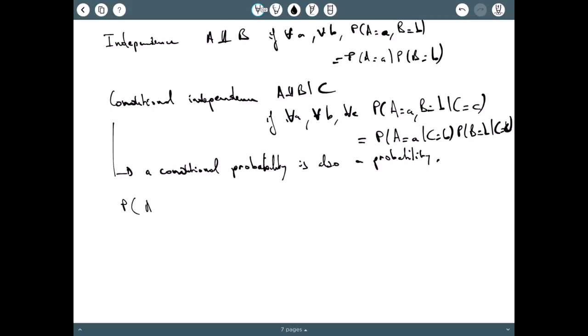We'll say that the probability of A conditional to B is just the joint divided by the marginal, and this means that we can rewrite the joint as follows with the chain rule.